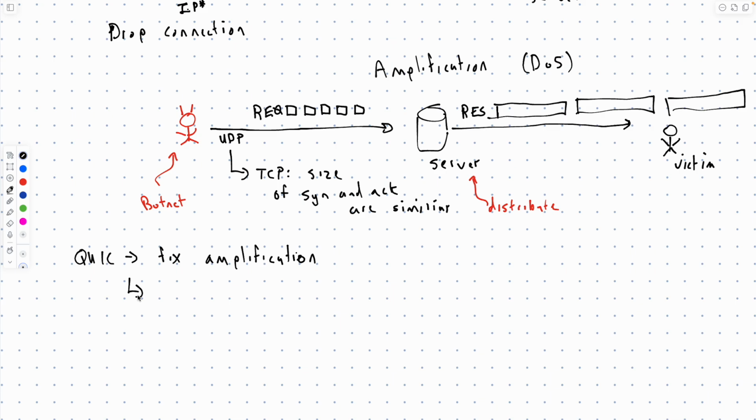Okay, so first thing is that QUIC has a policy that the server will track how many bytes it has received from the client.